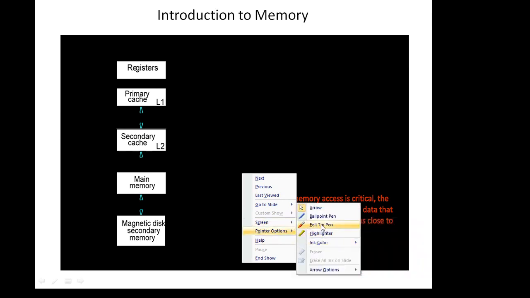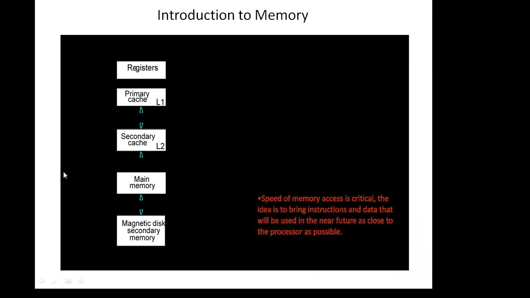So the memory is going to store this binary information, which is in the form of zeros and ones. That format of information we call binary information.